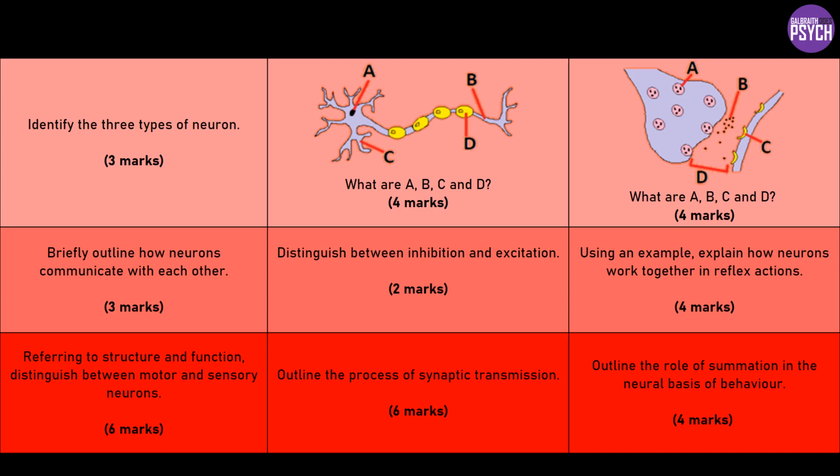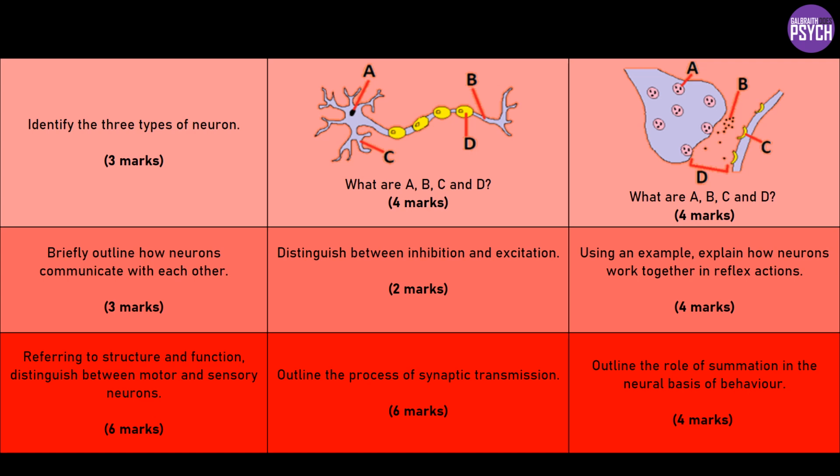Right, the command word here is distinguish, so the difference between inhibition and excitation. Well, clues in the name here. One is about inhibiting, one is about exciting, but what does that really mean? Inhibition is where the neurotransmitter binds with a postsynaptic receptor and makes it less likely that that cell is going to fire.